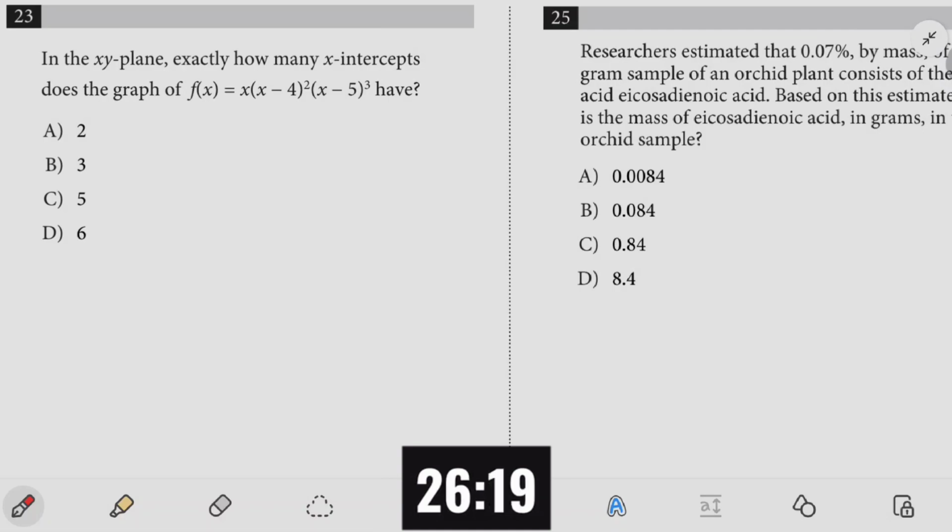Okay, hold on, this is not working. Zoom box. Trace. Calc. Intercept. Value. Zeros.